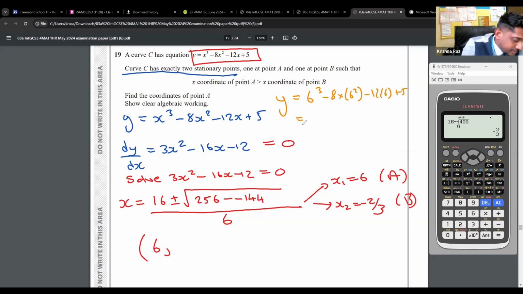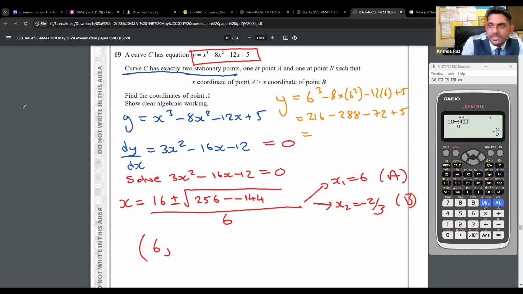So 6 cubed, I think, is 216. It is. 36 times 8 is 288. 12 times 6 is 72 plus 5.